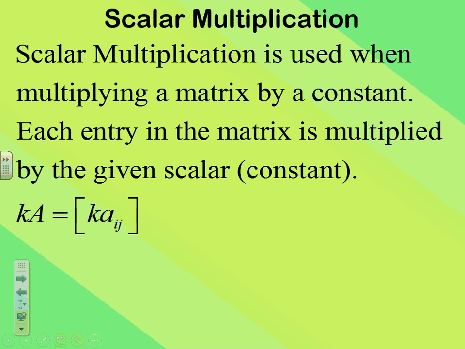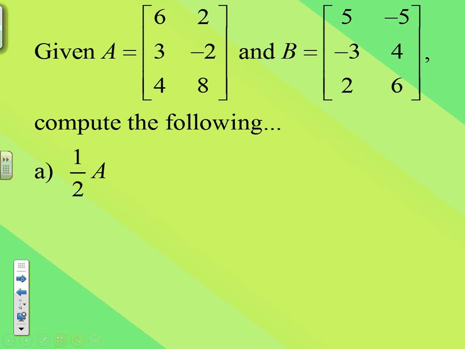So in the example you see here, K times matrix A is equal to the matrix with brackets, and we're saying K times the element A. And that's exactly what we do. Whatever K is, whatever that number is, I'm going to multiply it to every single number that's inside of matrix A, however many there are. That's what scalar multiplication is.